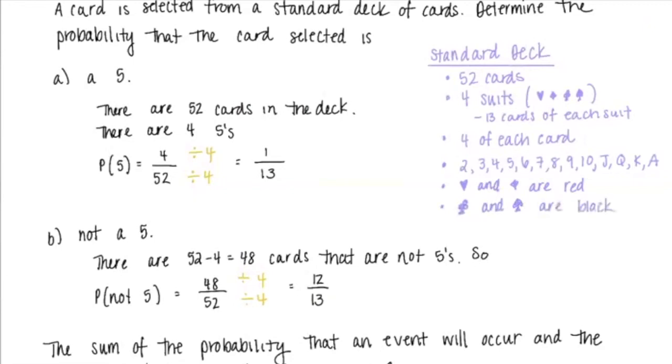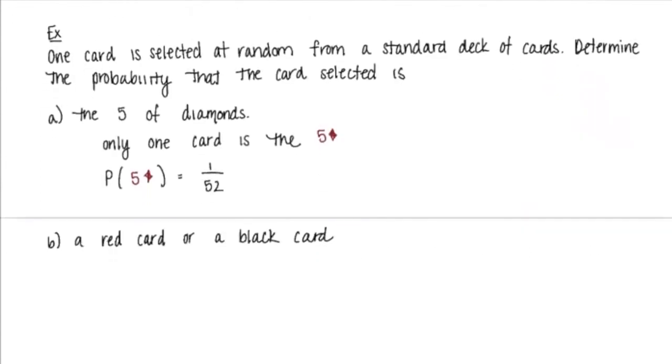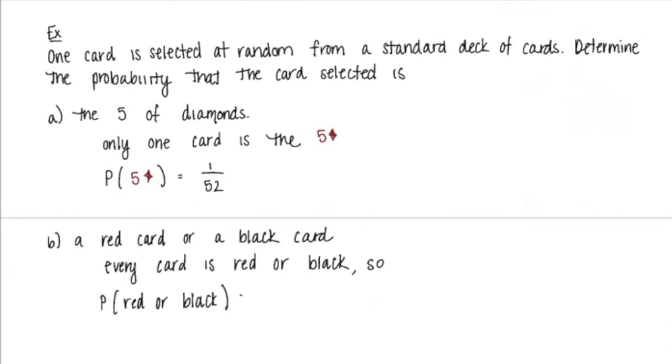So that's what color each of these is. As long as you draw a red or black card, you're good, you have a 100% chance of that happening. So here, every card is red or black. So ultimately, the probability of us drawing a red or black card is 52 out of 52, or 1. Your probability is 100% chance of this happening.